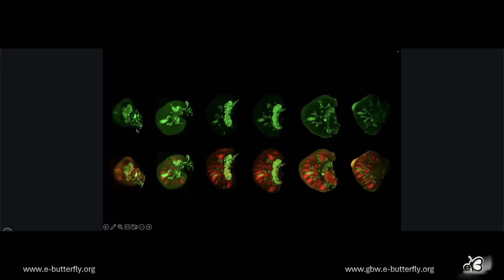Here's what's happening in the larval stage. So this is a very, very tiny wing and it grows as you go from left to right. And here we're just staining the wing with two genes that are marking the beginning of the venation process that's taking place. So this is when the veins start invading the wing disc, this green color.